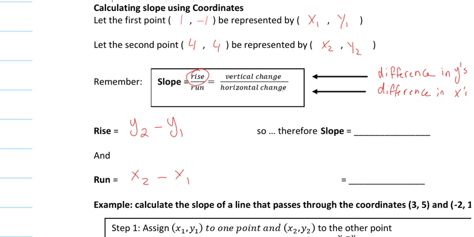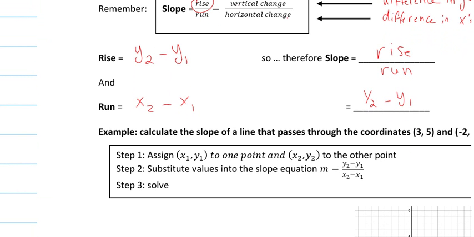So now, the formula that used to be rise over run, what can I use instead of rise? It's y2 minus y1 over x2 minus x1.